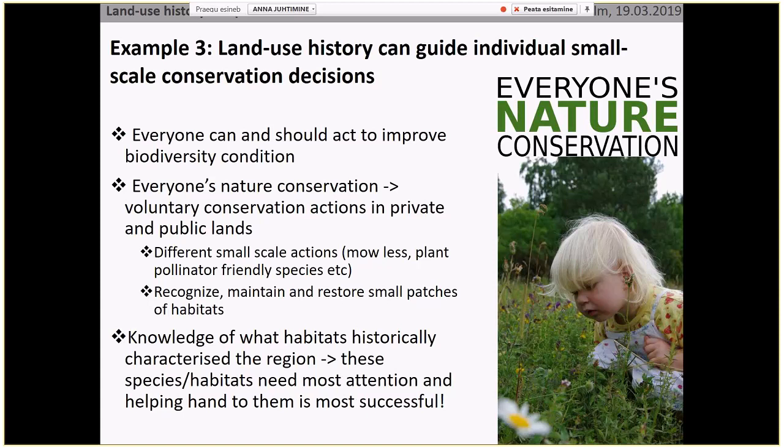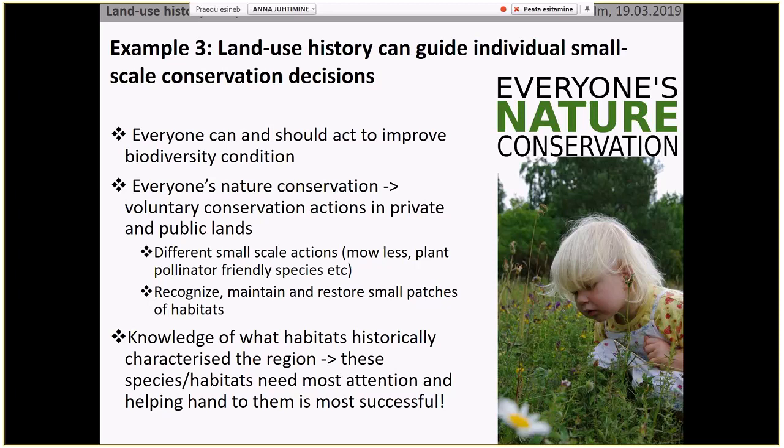Because even if we take very, very small actions, like we don't mow some patches, or we don't dig up some habitats, or cover them with, I don't know, concrete, if we are knowledgeable of what is particularly worthy in this landscape, because it has historically been there and covers this kind of legacy of landscape, then these small actions can be more impactful, I would say.